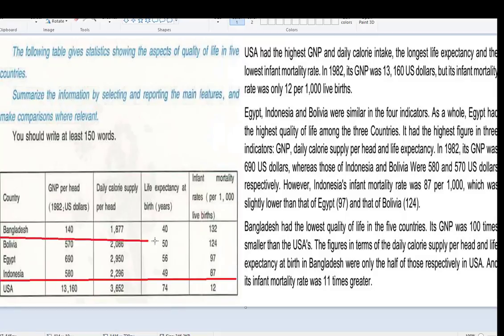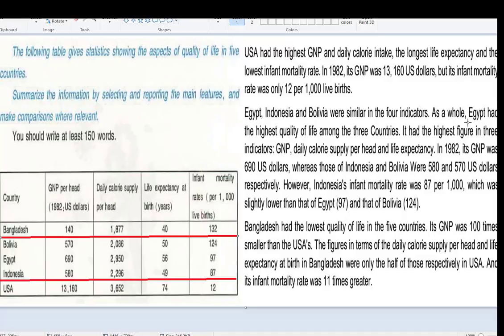Okay, so he's putting these countries in their own group, and Bangladesh is in paragraph 3 because it has the lowest figures. As a whole, Egypt had the highest quality of life. Okay.